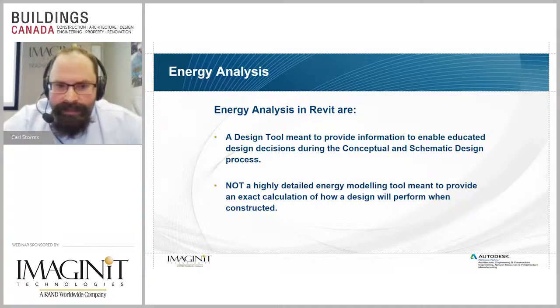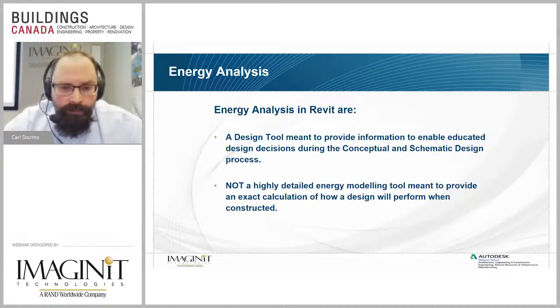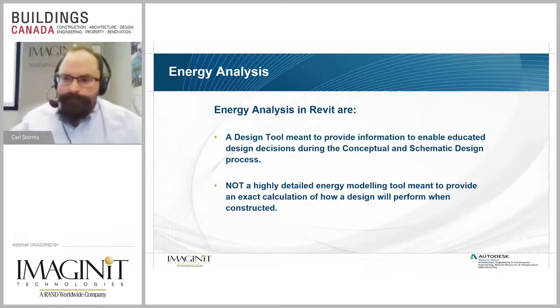And some of the things that it takes into account when making these assumptions are ASHRAE 90.1, energy standard for buildings, 90.2, energy standard for residential buildings, as well as ventilation and acceptable indoor air quality, ASHRAE 62.1. So these are just some of the things it takes into account when it's running these energy analyses.